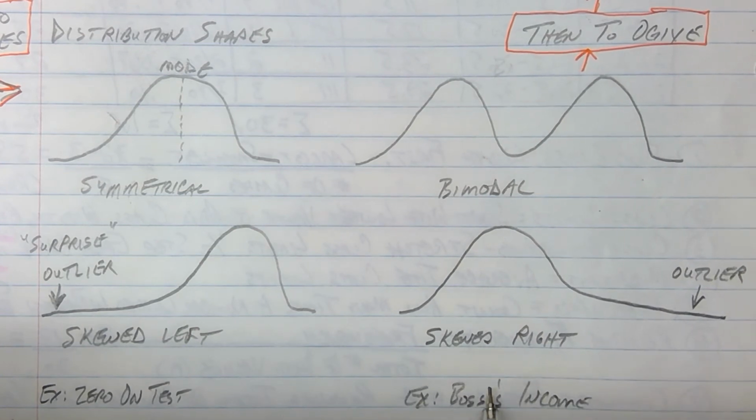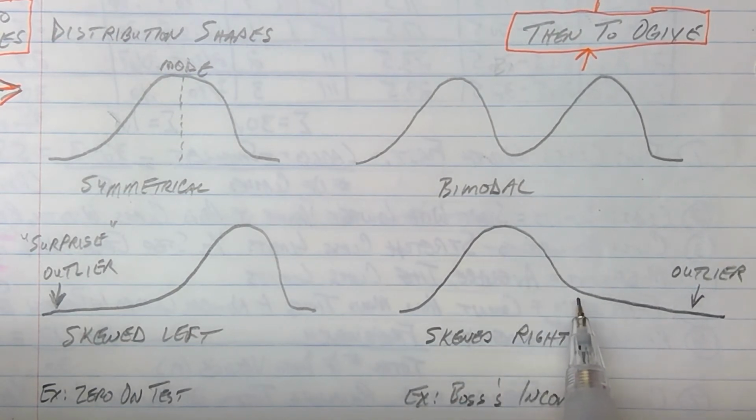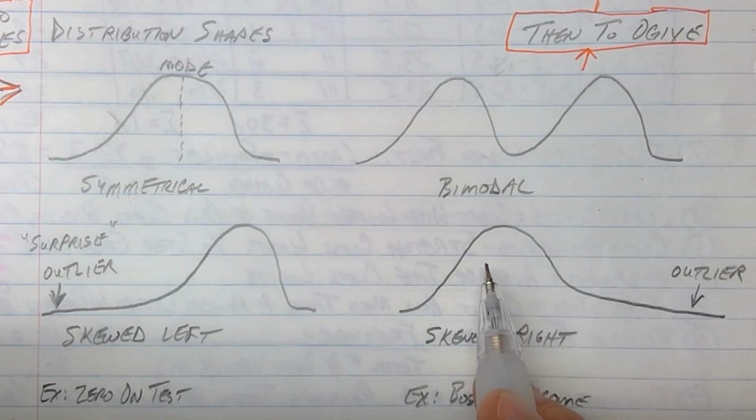One example is if you try to calculate the average salary. I like to use teacher examples. Sometimes they'll say the average salary of a teacher is $60,000, and that's never correct. The average salary of a teacher might be $40,000.